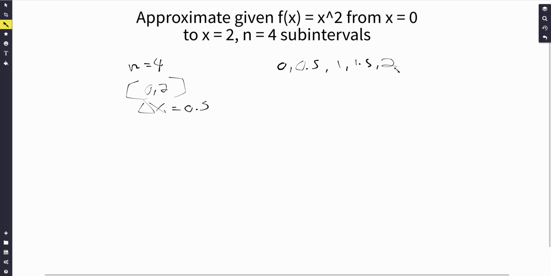What we do in this case is we group these values together: these, these, and these. That looks kind of confusing right now, but I'll get into it.